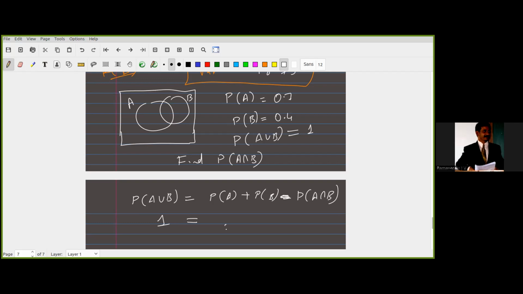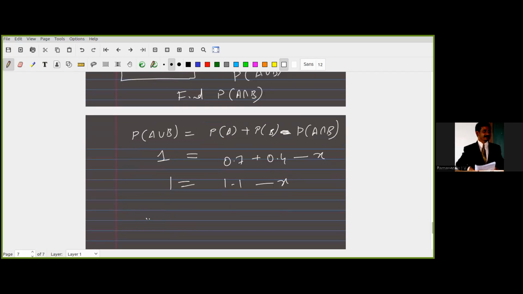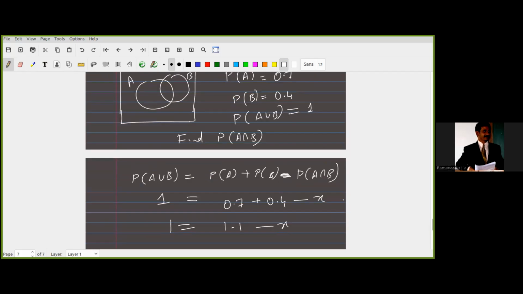P of A is 0.7, P of B is 0.4, and I don't know this, so let me keep it as x. Therefore 1 equals 1.1 minus x. Therefore your x will be equal to 1.1 minus 1, 0.1. Therefore the required probability of this intersection, the orange region, P of A intersection B, is computed as 0.1.